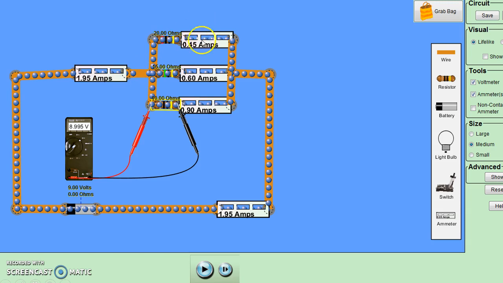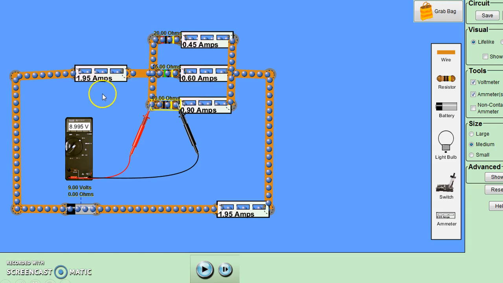And you'll see that not equal amounts of current go through the resistors. In fact, the biggest resistor, the 20, has the smallest amount of current. And the smallest one that says 10 ohms, I don't know if you can see it, has the most current. And if you were to add up these 3 numbers, guess what you would get?